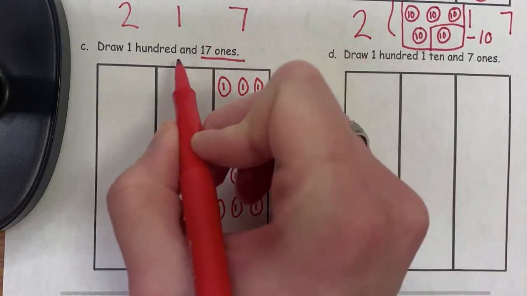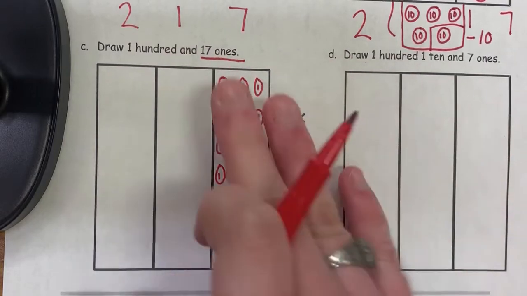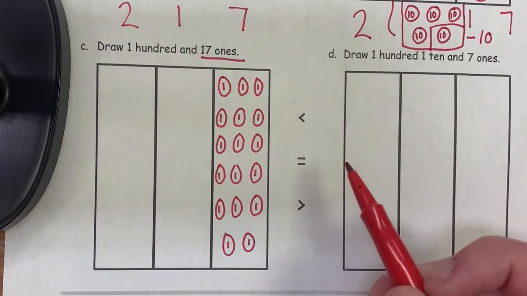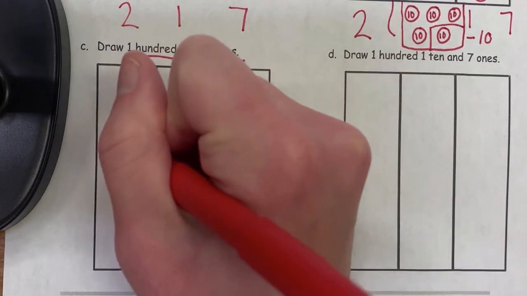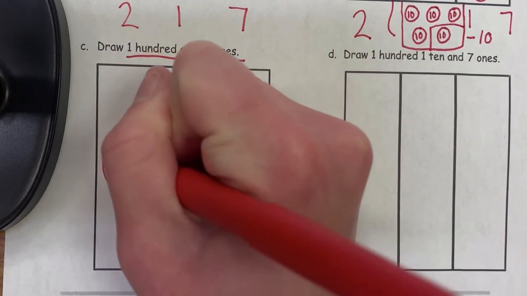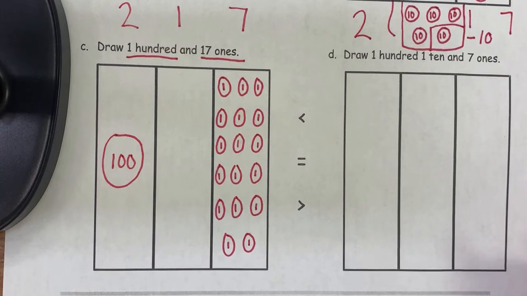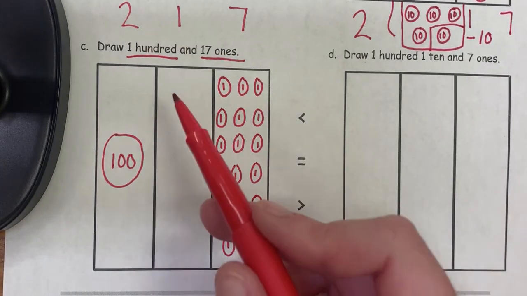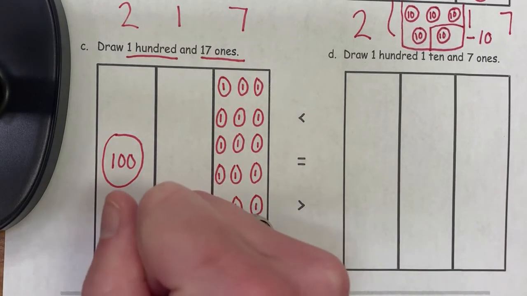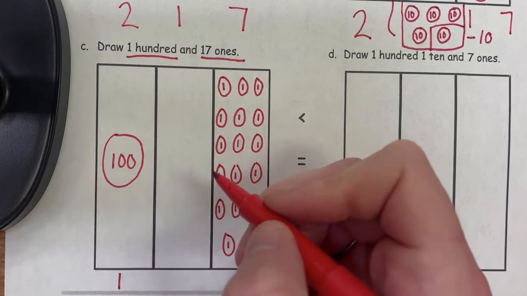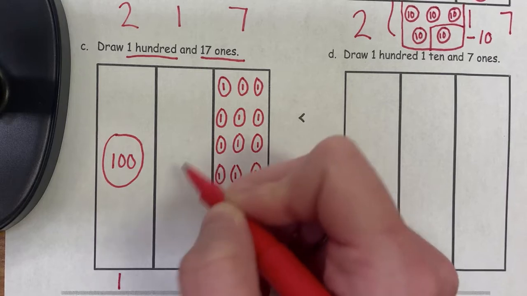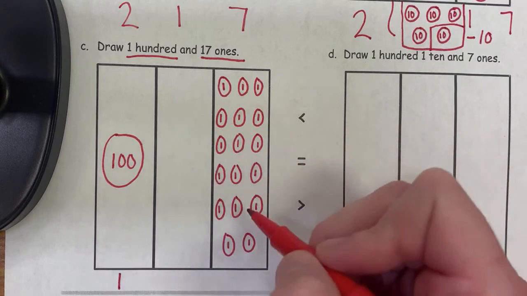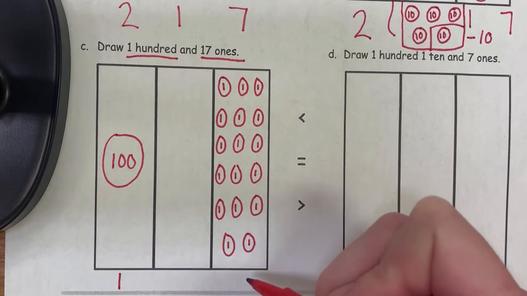Now they didn't say that we had any 10s, so we're going to skip over our second box here, and we're going to go and draw our 100. So we need one circle with 100 in it. So now when we write this out, we have 100. We don't have anything in our tens place, but we have 17 in our ones place.